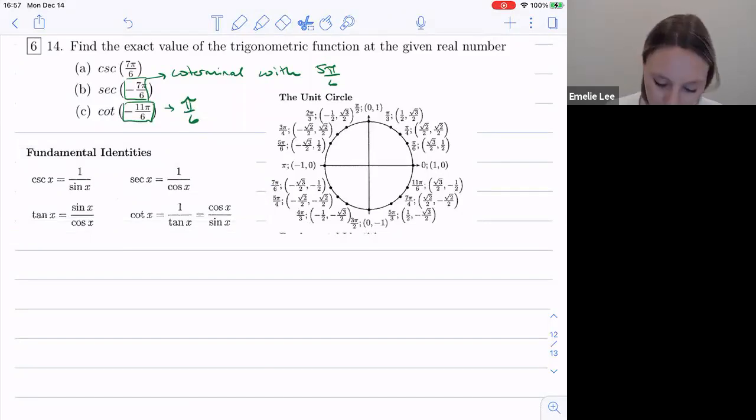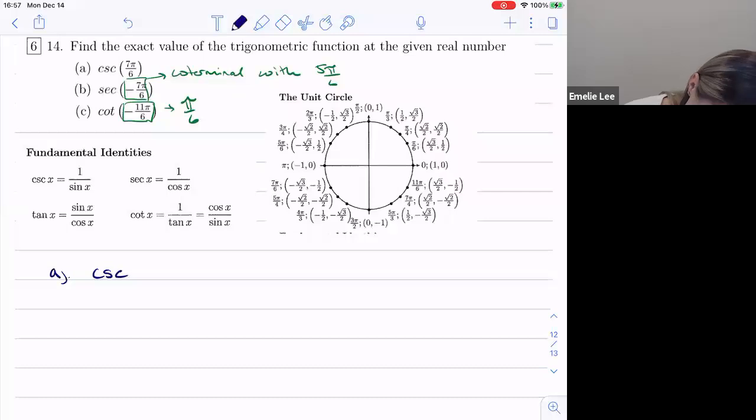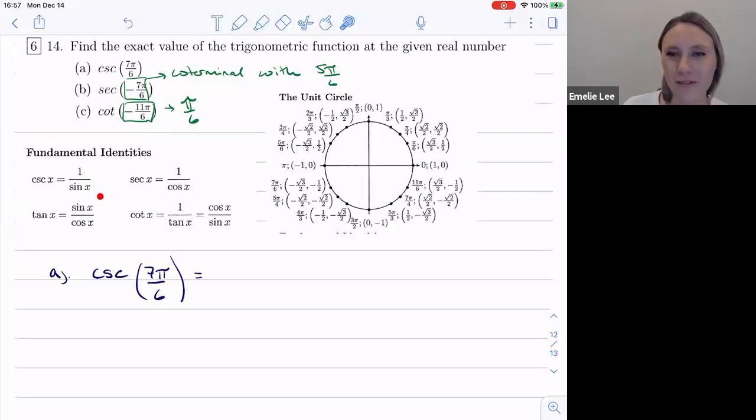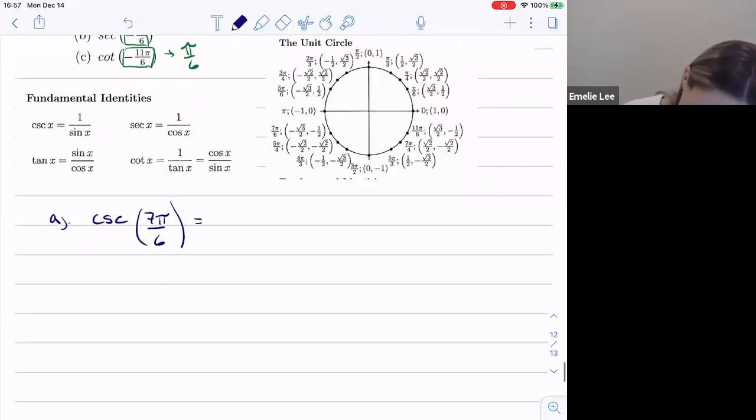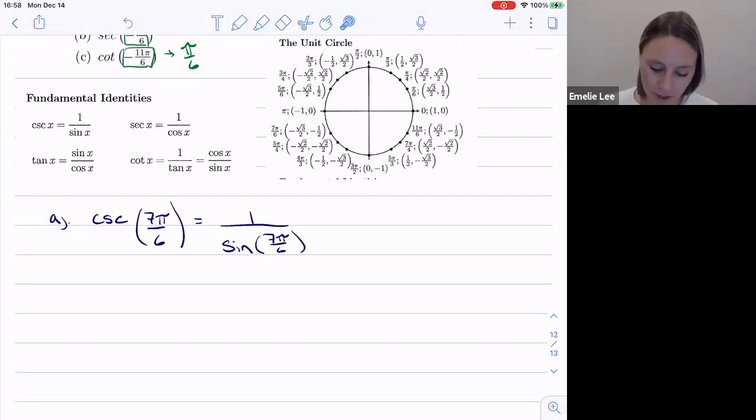Okay, so the cosecant of 7 pi over 6, part A, I can rewrite as 1 over the sine of 7 pi over 6. From this nifty unit circle, 7 pi over 6 has a y value of negative 1/2.